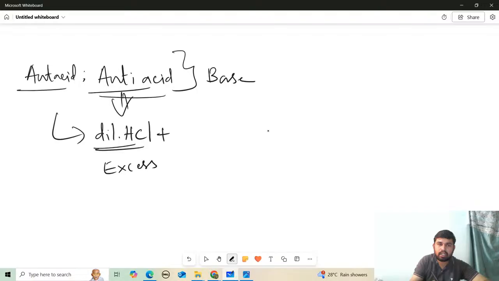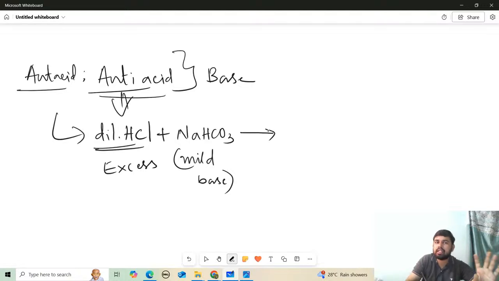This is acid, right? Our baking soda, NaHCO3, is a mild base. So in these cases, it will react and neutralize this acid. The acid produces H+ ions, and this H+ ion can be neutralized by the base.